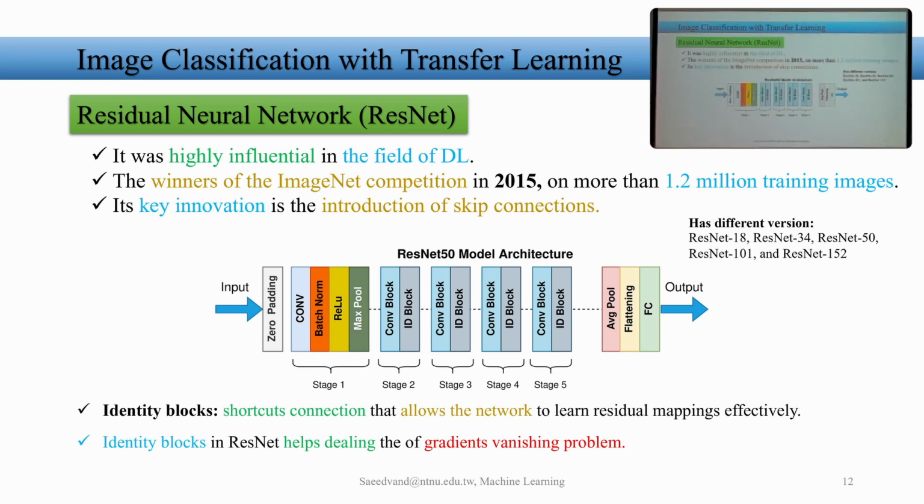This ID block helps deal with the gradient vanishing problem that we studied. We said we have gradient vanishing when our network is deep: the input comes, we apply weight reductions in different layers, so the gradient vanishes at the end layers. The weights that show the differences have already vanished.